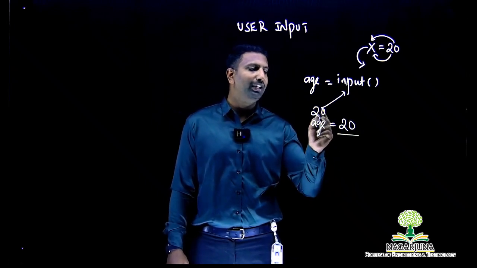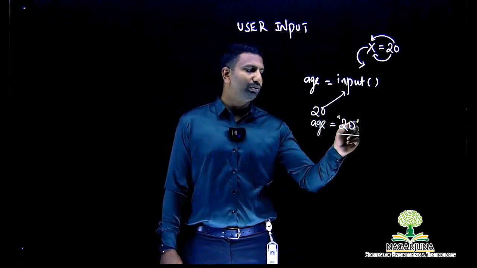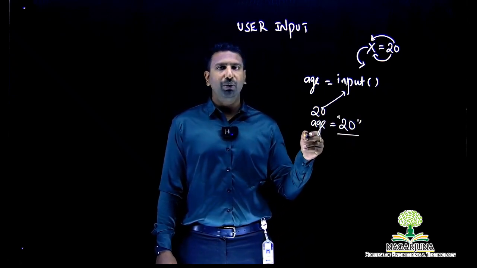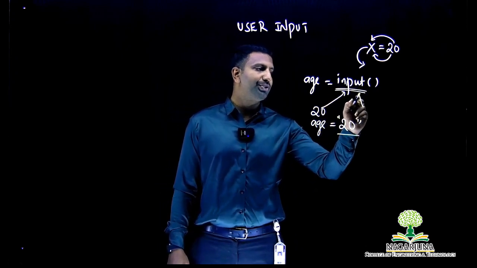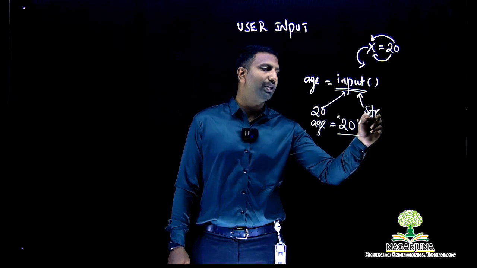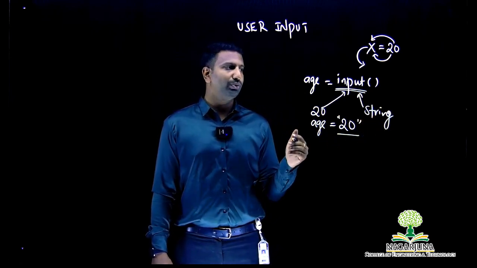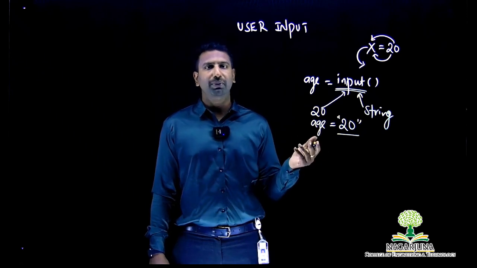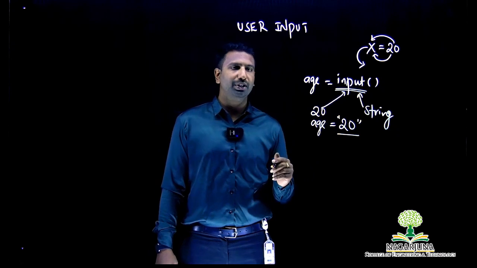Even though you are entering the integer value 20 here, it is going to treat that as a string. So one thing you have to remember here is that the input function accepts everything in the form of a string. No other data type it is going to accept. So what do I need to do if I want to convert this string type to the integer type? We'll be discussing that further.